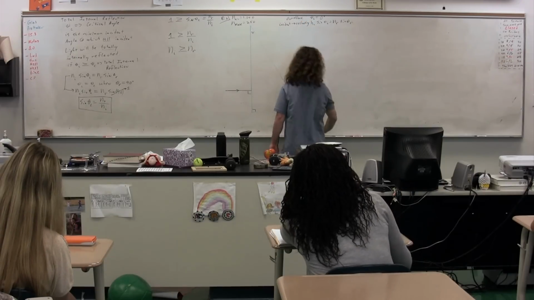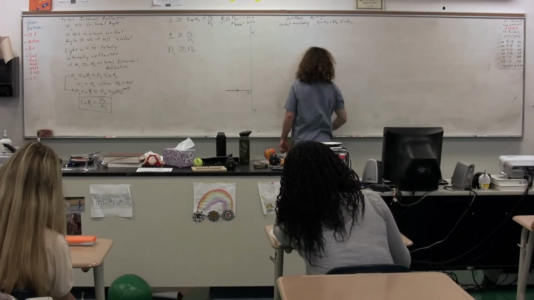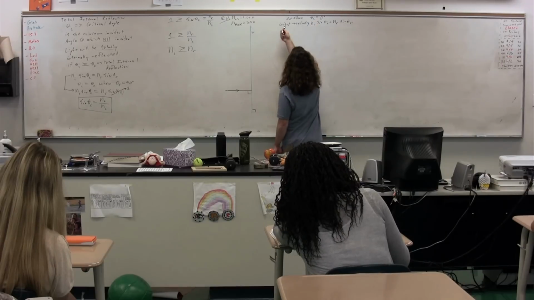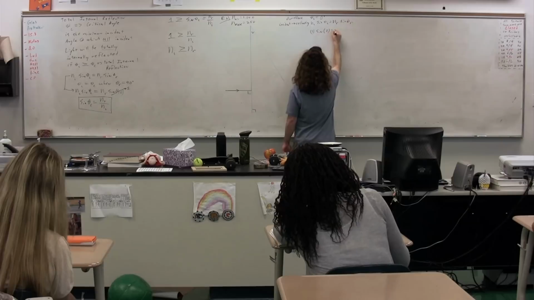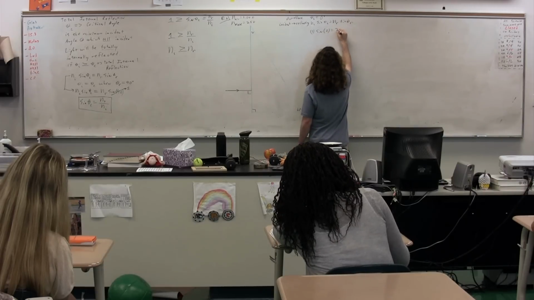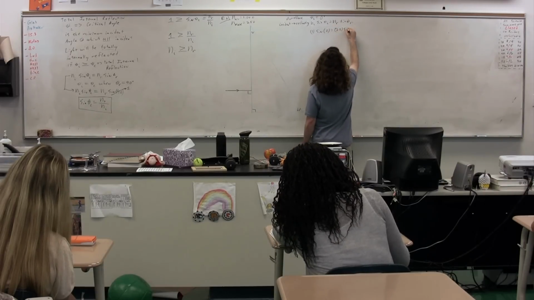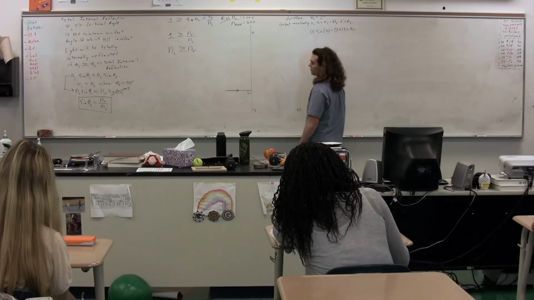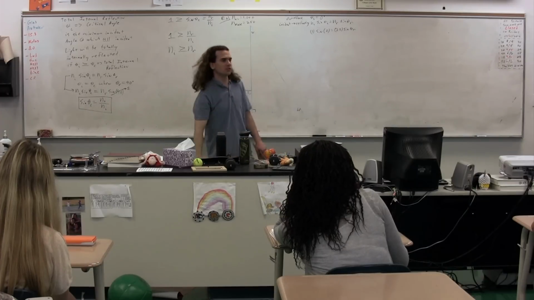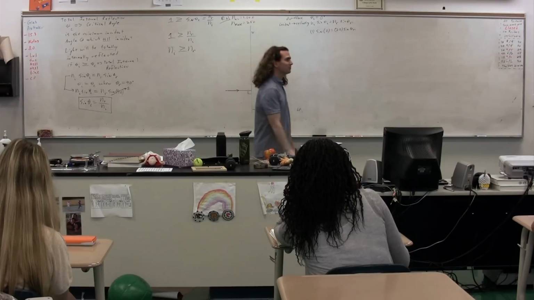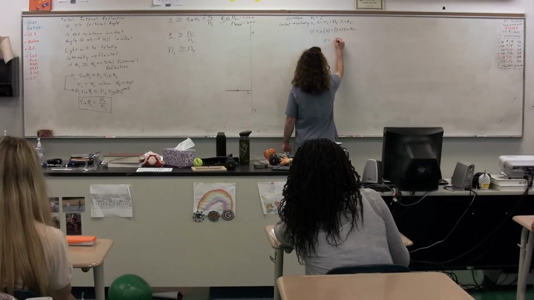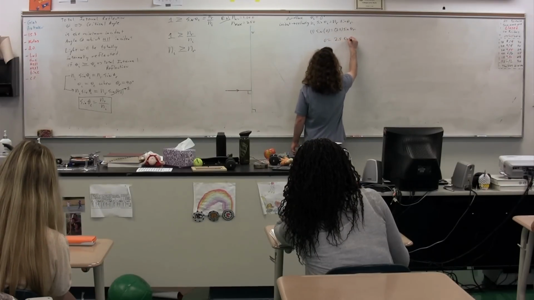So the incident index of refraction is going to be air. So we have 1 times the sine of the incident angle, which is 0, is equal to the refracting index of refraction, which is 2.5, times the sine of the refracting angle, which we're solving for. Class, what is the sine of 0? 0. So we have 0 on the left-hand side is equal to 2.5 times the sine of the refracting angle.